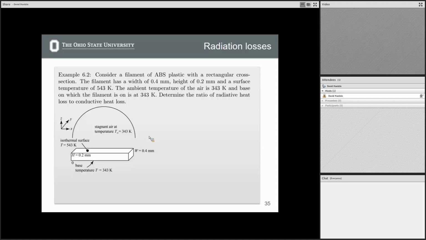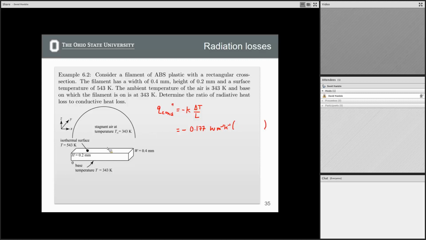To remind you, conductive heat transfer is this right here, with the same conductivity k as before, for ABS plastic. So we're going to get negative 0.177 in inverse Kelvin.